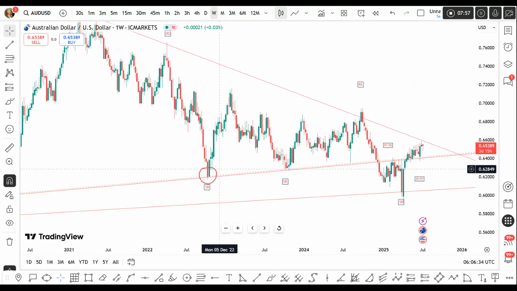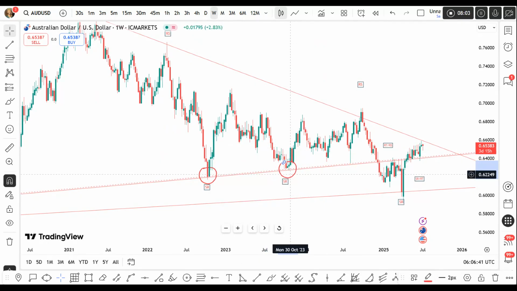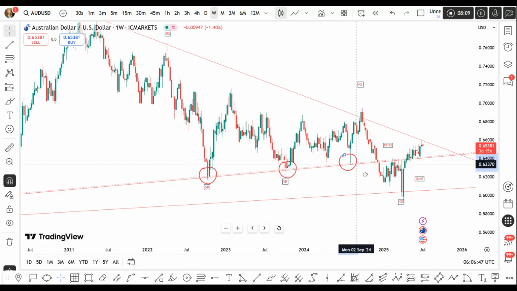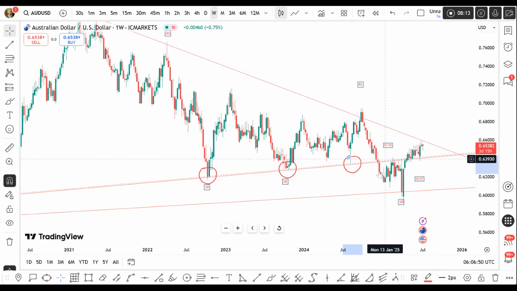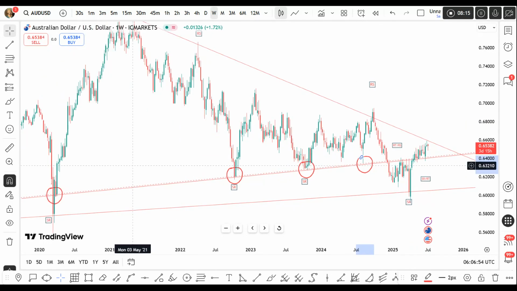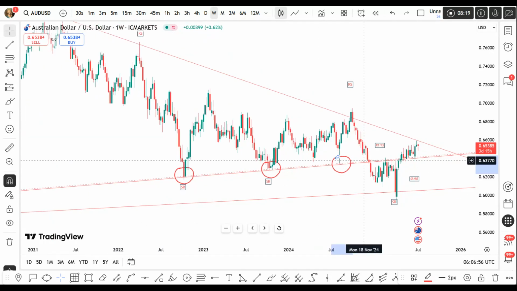There is another one here, 2023. There is another one again, 2024. Breakout of 4 support structures. 1, 2, 3, 4.